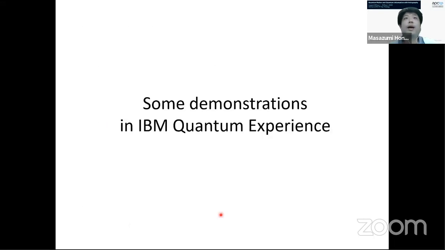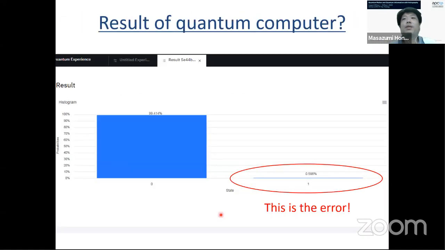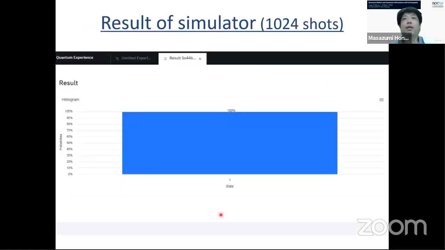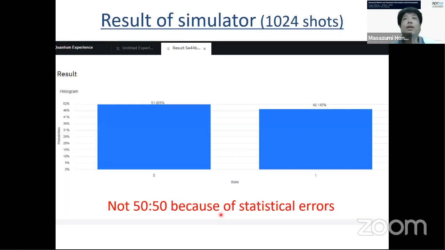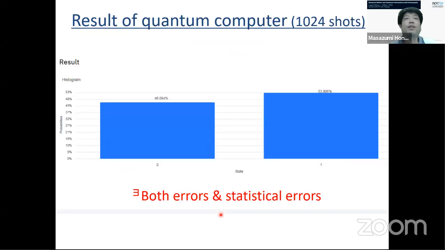Then I introduced some demonstration using IBM Quantum Experience, and we experienced that in real quantum computation on a real quantum device, we have both statistical error and quantum error.